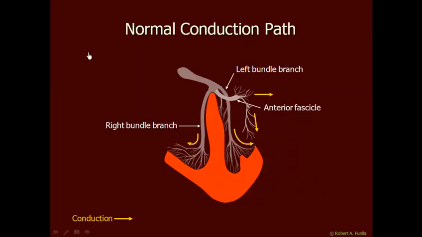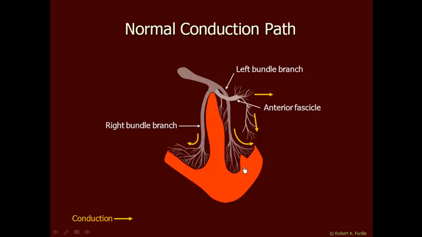So if we look at a normal conduction system, and orange here represents the conduction pathway, we see the electrical activity comes down the right branch, it comes down the left branch, and it also comes across this anterior fascicle from the left branch. If we look at the activity, we would see then that the normal axis is running in this direction, from the AV node in this direction.